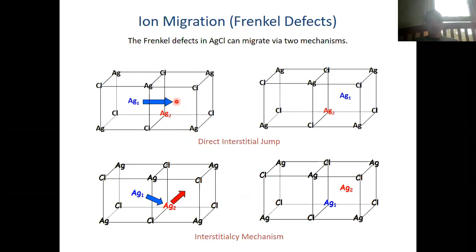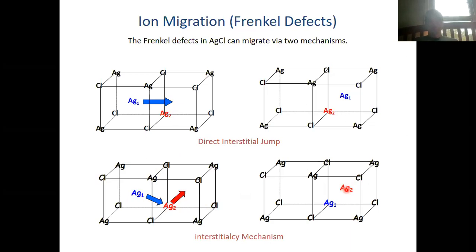The other possibility is that the silver ion knocks off another silver ion which sits on an equilibrium site. Thereby, the first silver ion moves to the equilibrium site, shown here, and the second silver ion moves to a neighboring interstitial site.